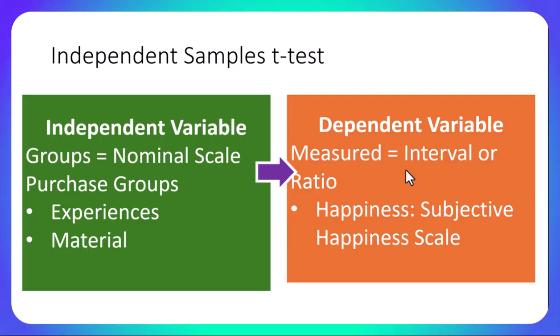So that's a little bit about the independent variable and the dependent variable and the role that they play. So our independent variable has to be nominal with 2 levels for an independent samples t-test, and the dependent variable has to be numerical. It has to be interval or ratio scaled in order for us to meet the criteria to be able to run an independent samples t-test.